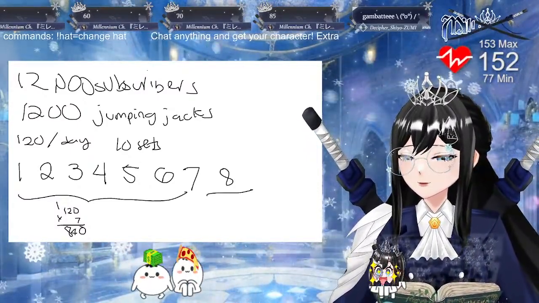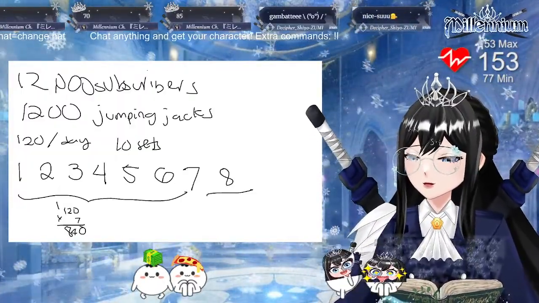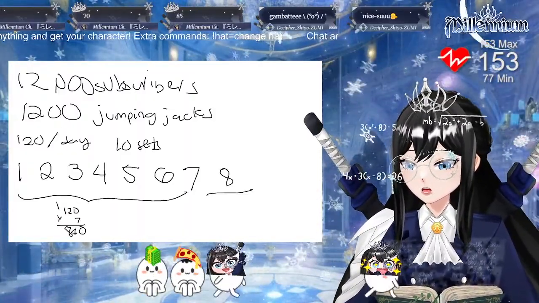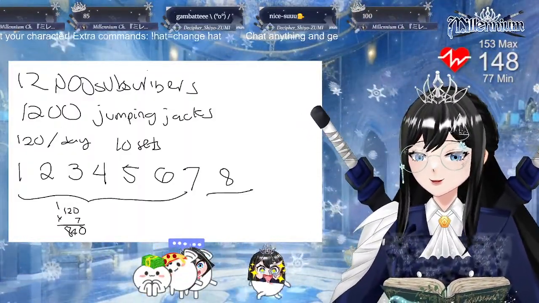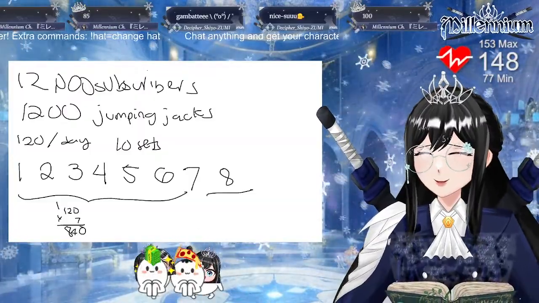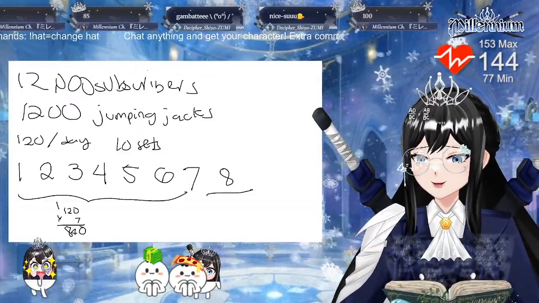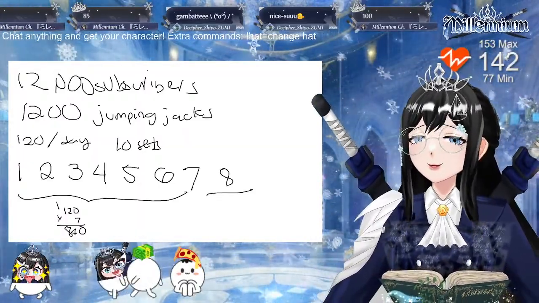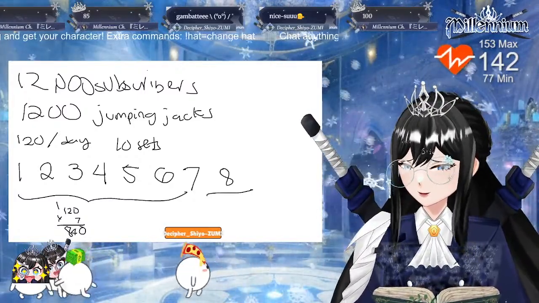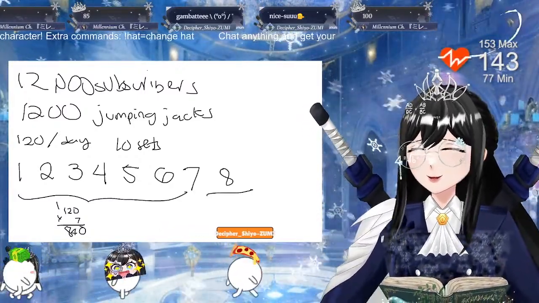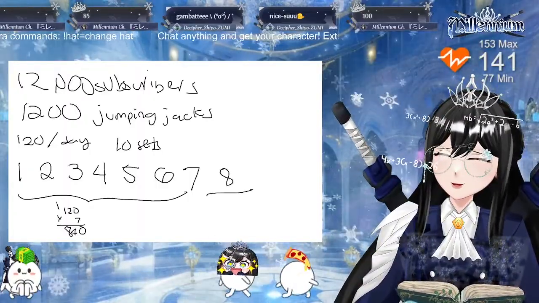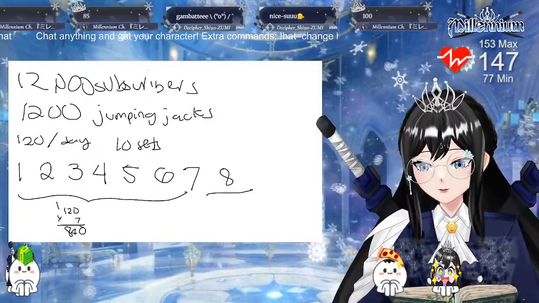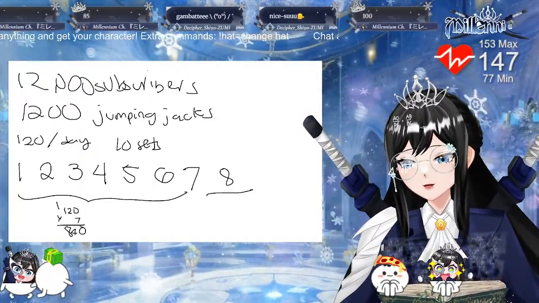Wow, it's reaching 153 maximum. Crazy. We're at hundo. Last 20. Okay. 1, 2, 3, 4, 5, 6, 7, 8, 9, 10. 11, 12, 13, 14, 15, 16, 17, 18, 19, 20.